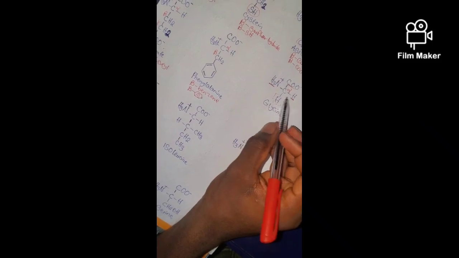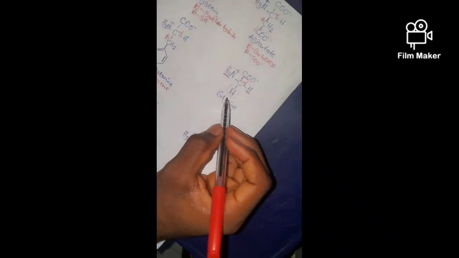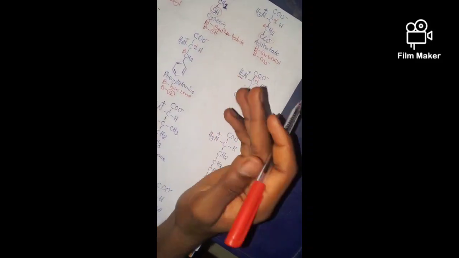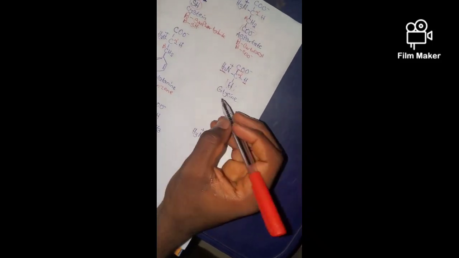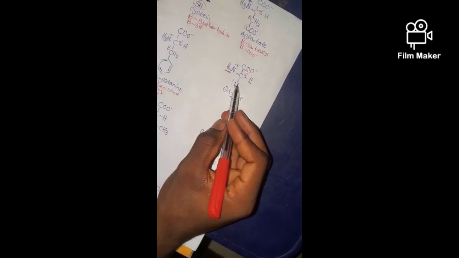Okay, the only thing that changes in the structure of amino acids is the side chain. Are you getting it? It is the side chain that helps us to differentiate between the structures of amino acids. Whenever we move to the next amino acid, something will change in this side chain.